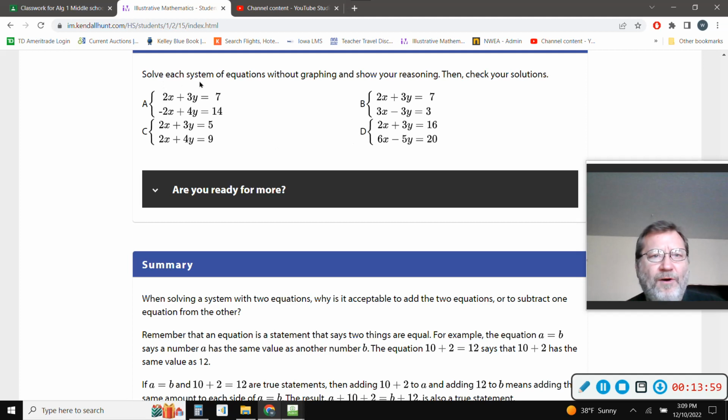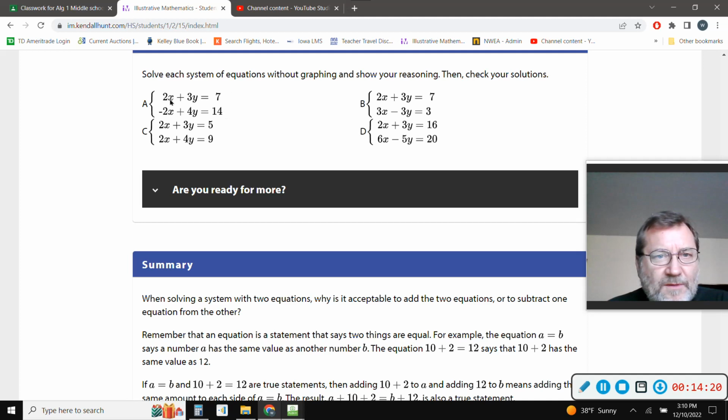Solve each system of equations without graphing and show the reasoning, then check your solutions. Okay, so we have a bunch of these. Let's start with the first one. You can almost do this one in your head because the numbers are small. You've got 2x and a minus 2x, and then the 3y, 4y, and the 7 and 14.